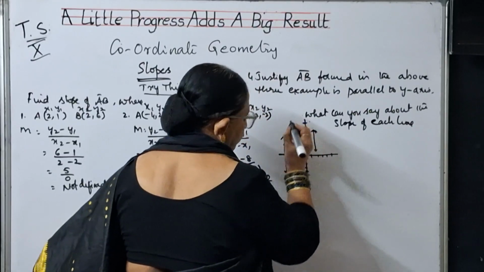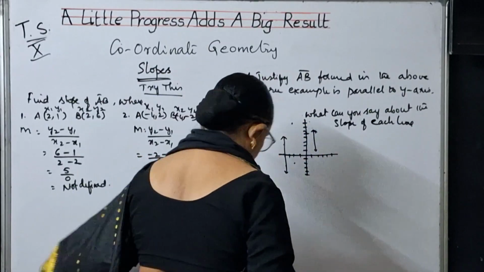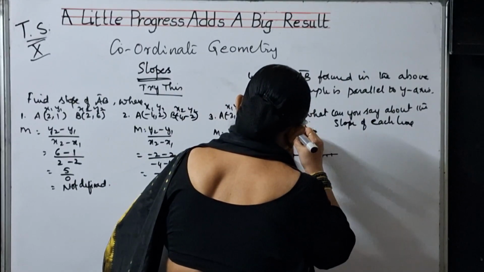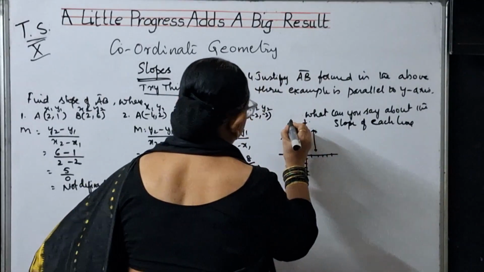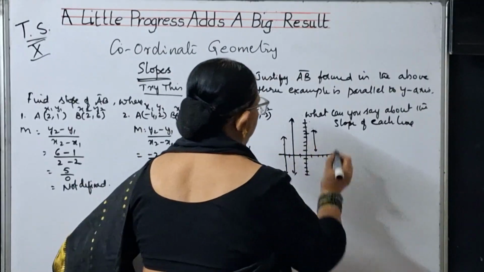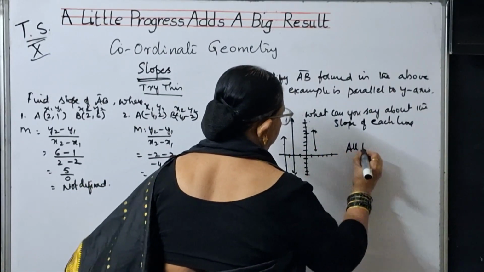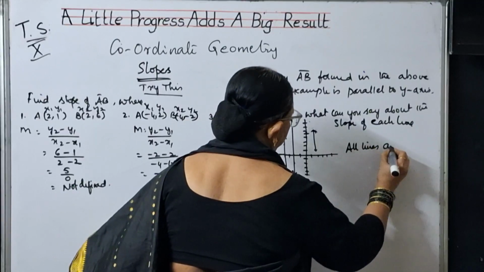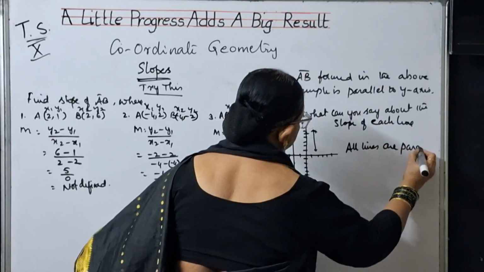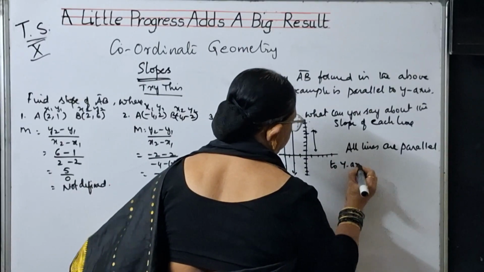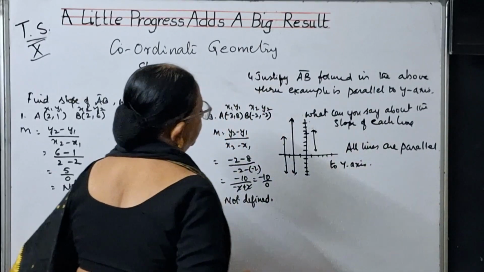So you can join this and you are getting a straight line like this. You'll be getting a line. So even this, these all lines are parallel. All lines are parallel to y-axis. They all are parallel to y-axis.